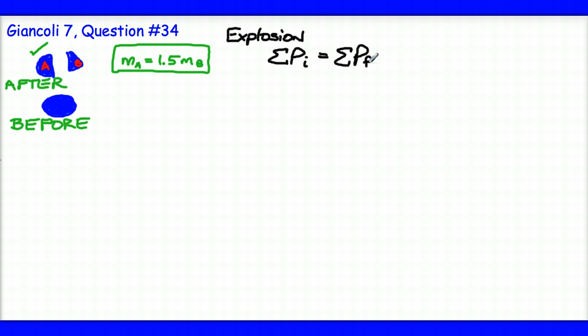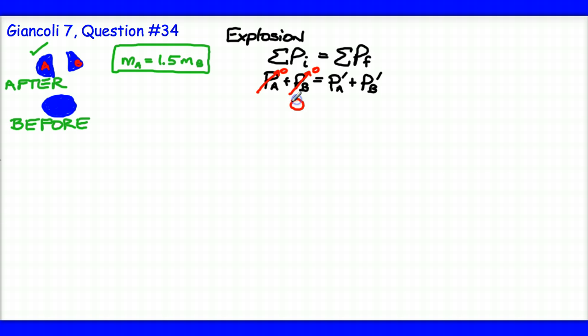Before the explosion, they're not moving, so the total momentum in the system is 0. By conservation of momentum, the sum of all the momentum after the explosion ought also to be 0.